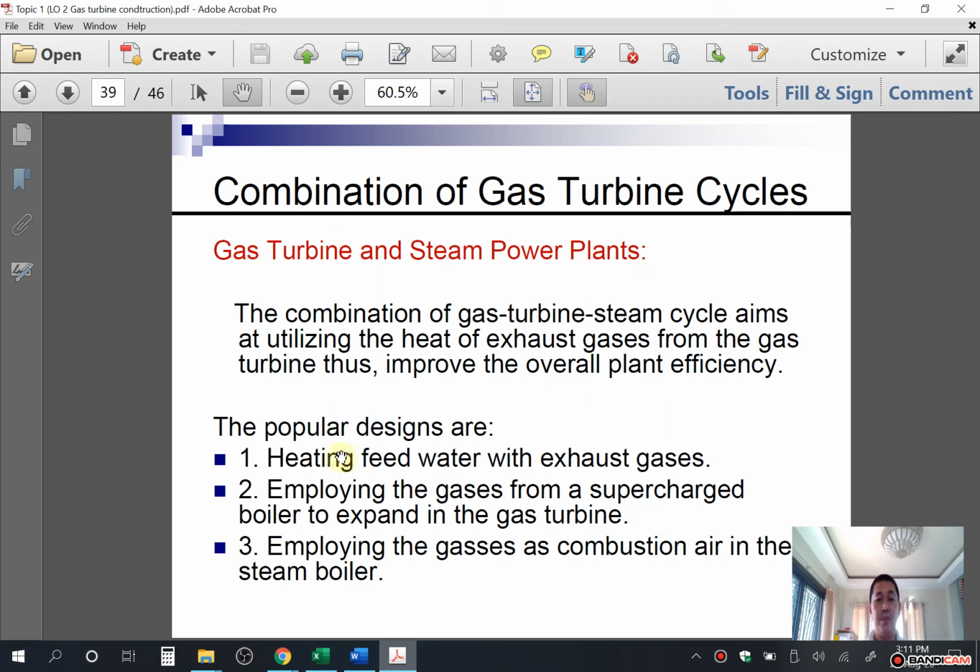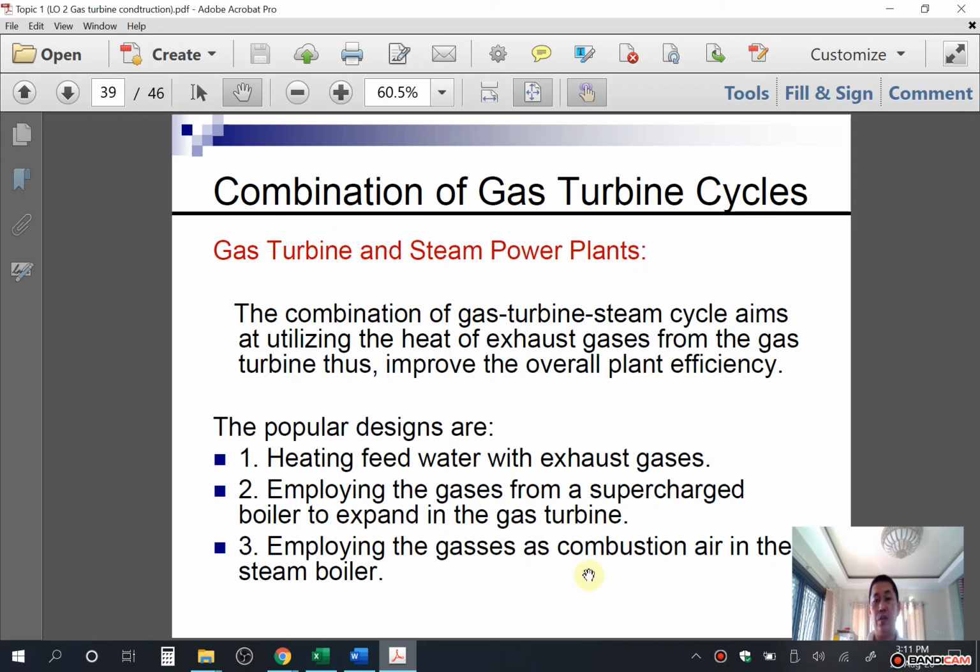The popular designs are heating feed water with exhaust gas, and employing the gases from the supercharged boiler to expand in the gas turbine. So employing the gases from combustion in air in the steam boiler.